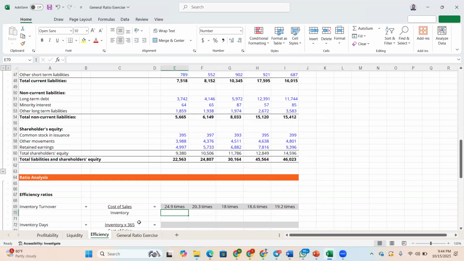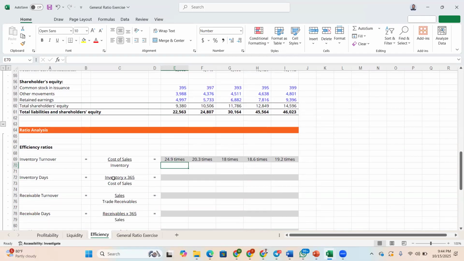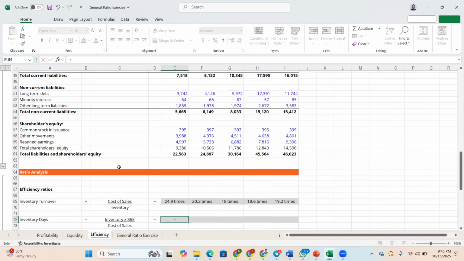So now, the next thing is inventory over cost of sales times 365. Okay. So now we say inventory.